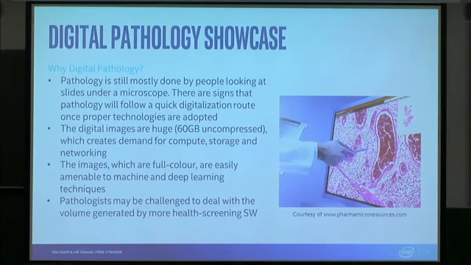So basically, why is digital pathology interesting by now? It shows a sign of a quick digitalization route, because you can feed all those huge scale images to machine learning pipelines and try to extract meaningful features and information from them, and learn particular tasks and problems.